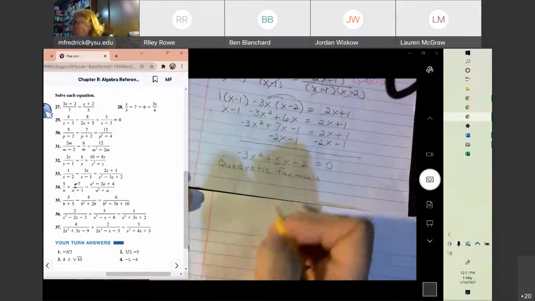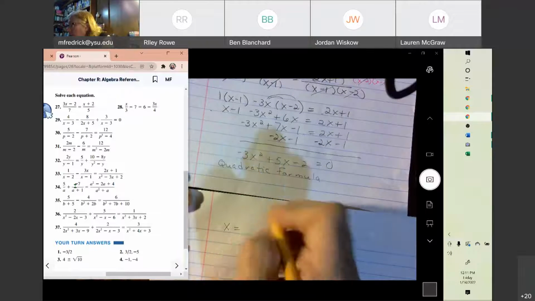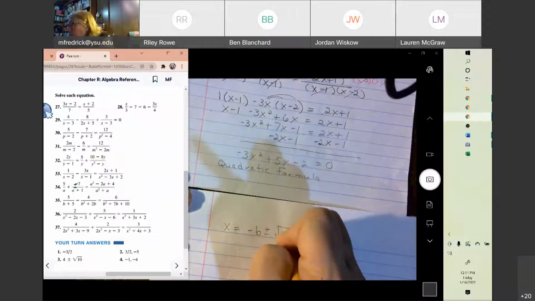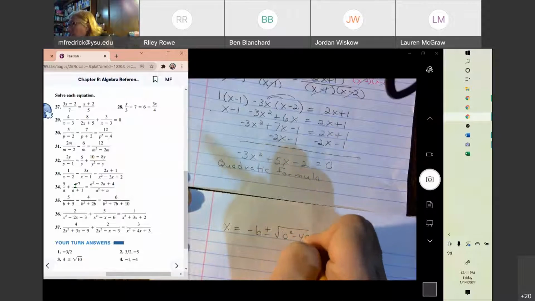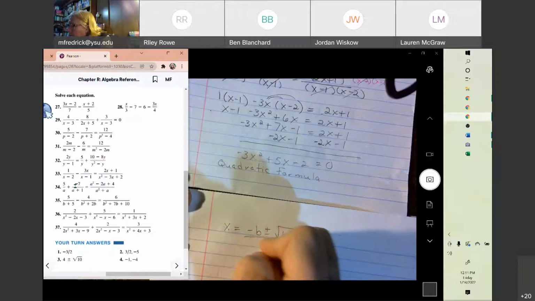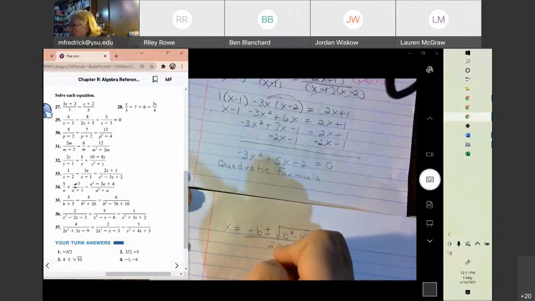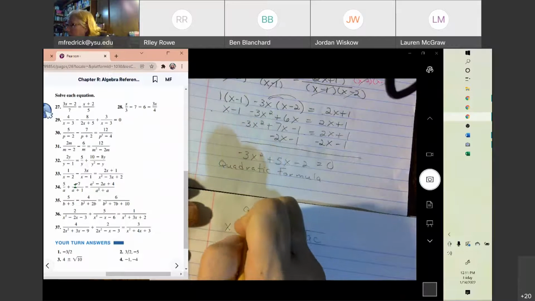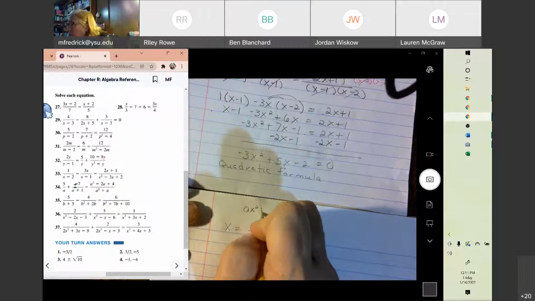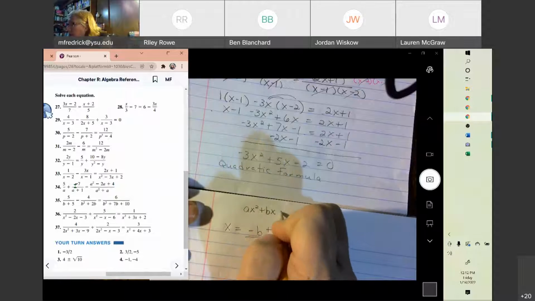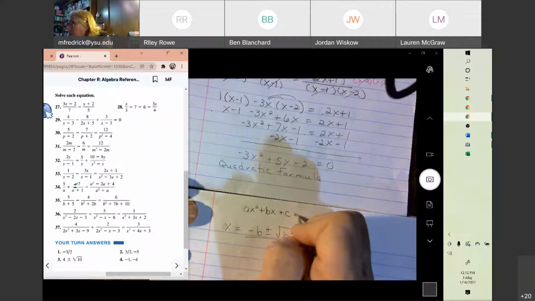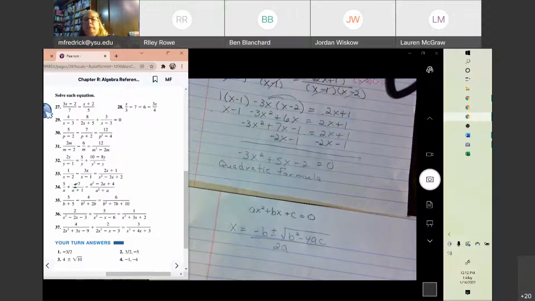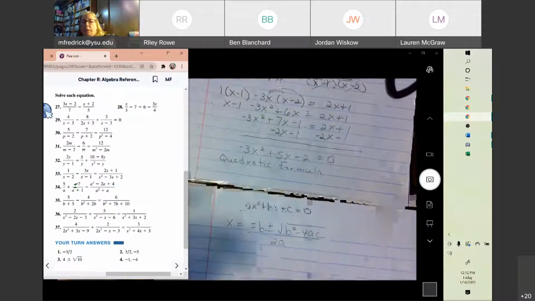The quadratic formula is x equals negative b plus or minus the square root of b squared minus 4ac, all over 2a. And that is when a is with the squared term, b is with the x term, and c is the constant, and it's set equal to 0. So if you don't have this memorized, you do need to memorize it.